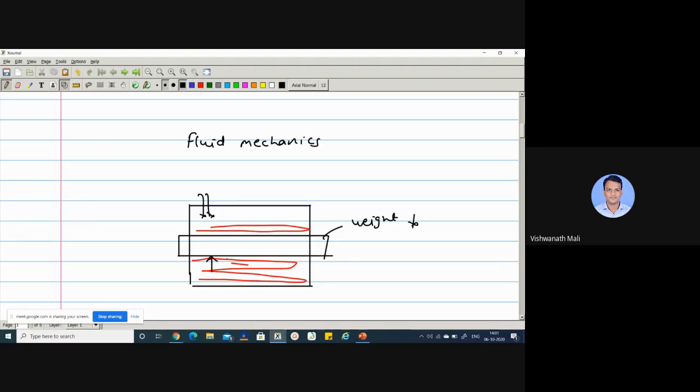Due to a force known as the buoyancy force. You might have heard of this force. Yes, sir. So that buoyancy force will start to push this core upward. Whatever core we are using should have good strength so that it can withstand this buoyancy force.